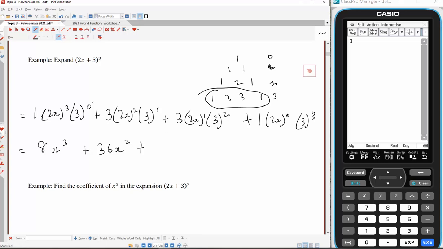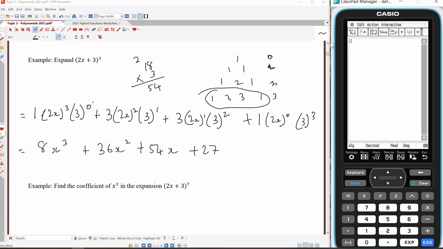Okay, this one here is 9, 9 2s are 18, 18 times 3. And our last one is going to be 1 times 1 times 3 to the 3 is 27.